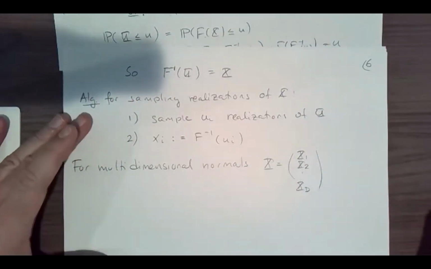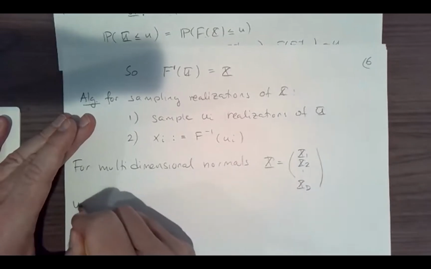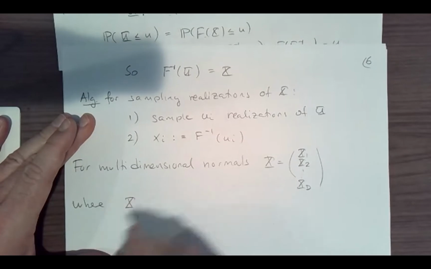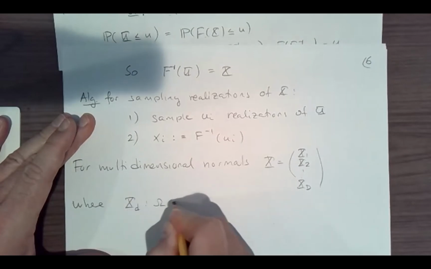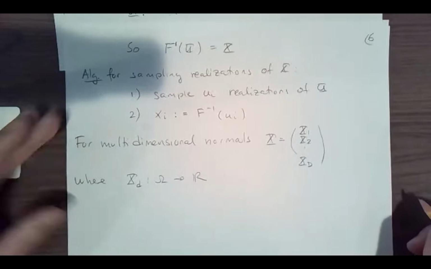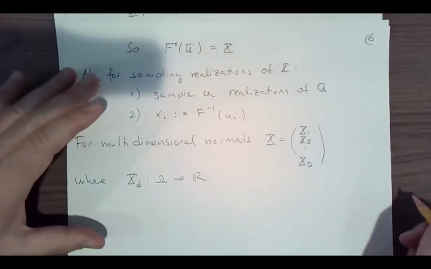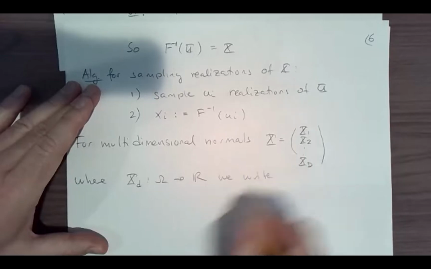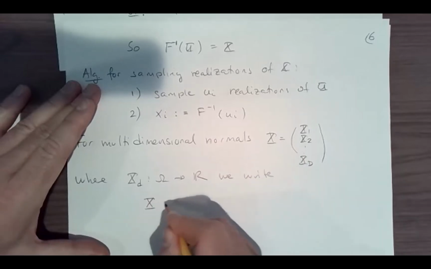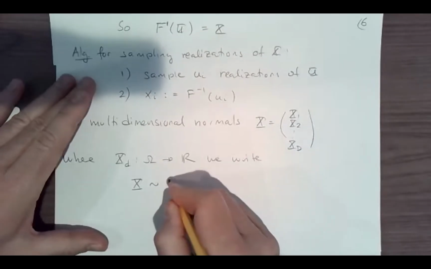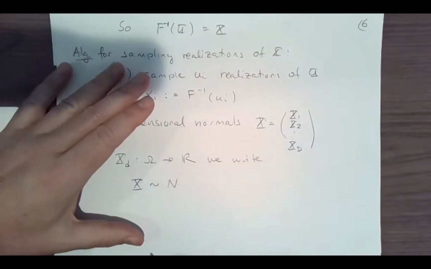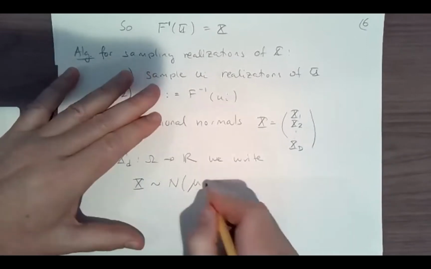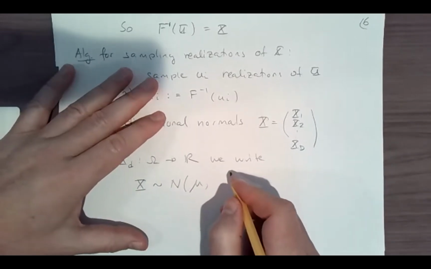We write X is normal, with a mean mu and a variance-covariance matrix.